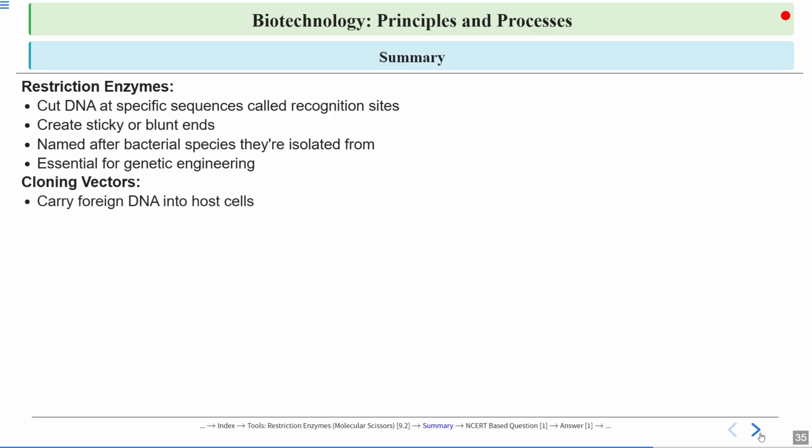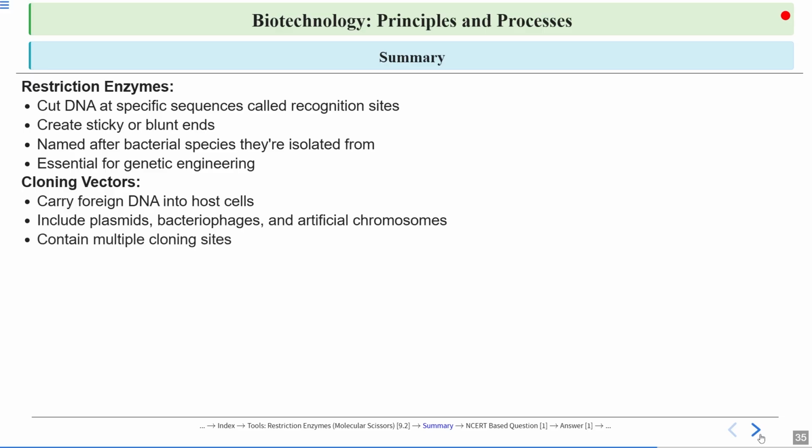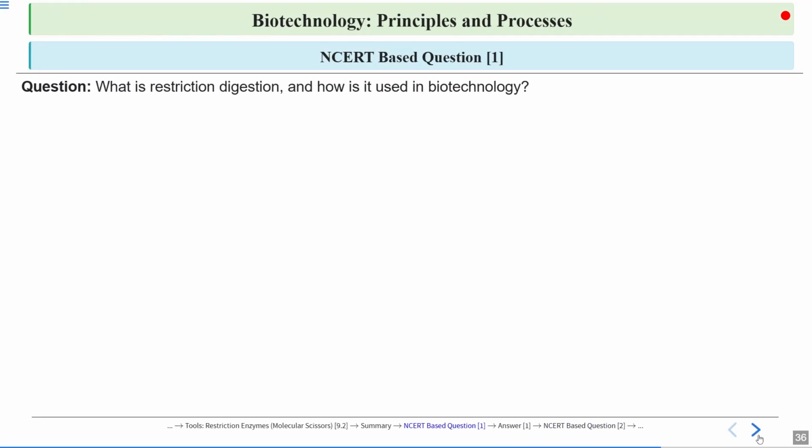And talking about cloning vectors, they carry foreign DNA into host cells. They include plasmid, bacteriophage, and artificial chromosome. They contain multiple cloning sites. They enable DNA replication and expression. So the first question is, what is restriction digestion and how is it useful in biotechnology?